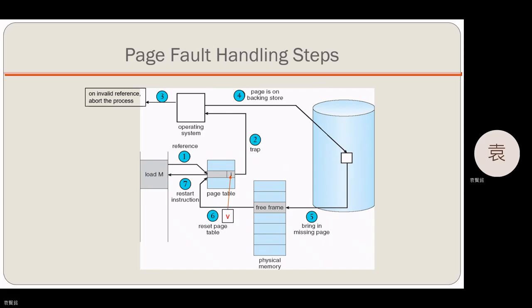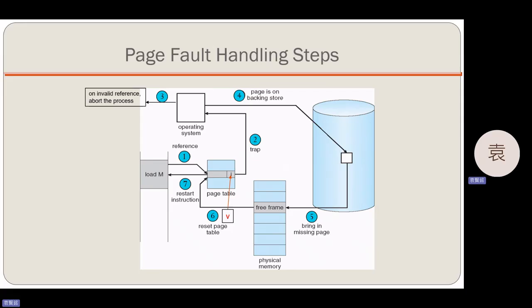Then we trap to the operating system, and the operating system will validate. If this really is an invalid reference, then we abort the process. If the reason for invalid is the page is not in memory, it's on the backing store. That's step 4.